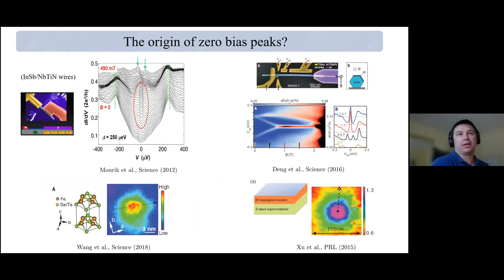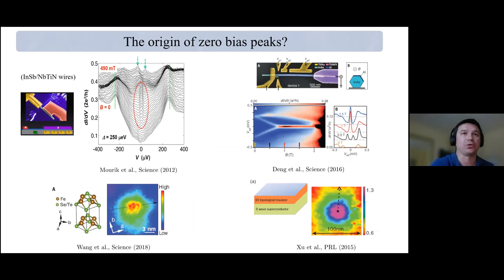Okay, so this is a very important question that was discussed in the previous sessions. I don't want to dwell on this too much, but I just want to say that local conductance is not sufficient to identify topological phase.